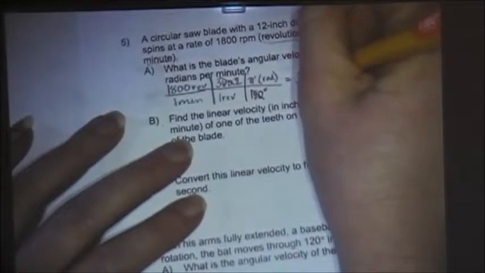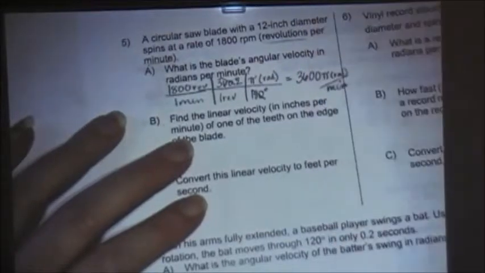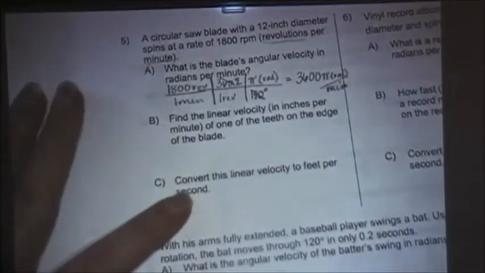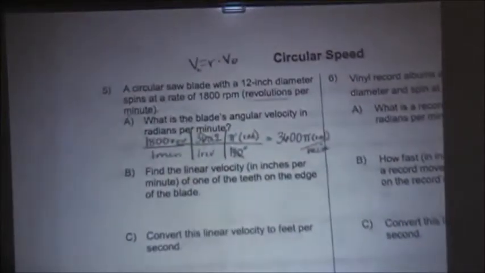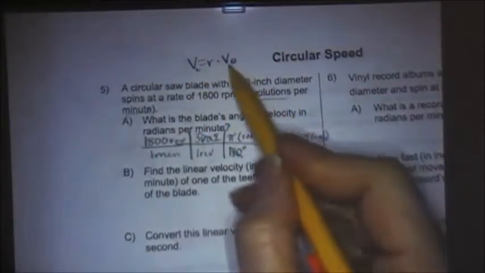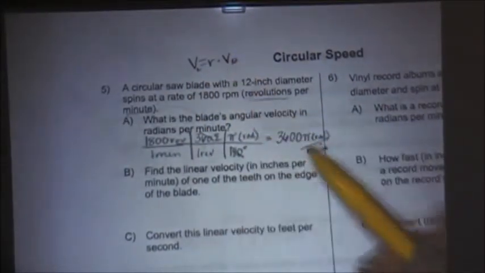So I get 3,600 pi, and this is radians per minute. That's my angular velocity, and I'm now in radians, which means that I can use this formula from the other page, the linear velocity equals radius times v theta, because I am now in radians.